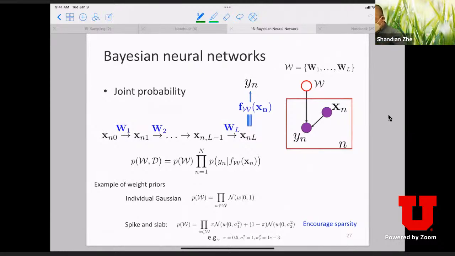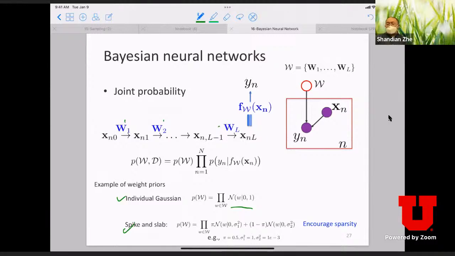So now, what are the commonly used priors for the weights? The most commonly used priors are just individual Gaussians. So assign a standard Gaussian prior over every element in those weight matrices. That's the most common choice. But sometimes you might want to shrink some weights. Then you can apply some sparse priors, like the spike and slab prior or the horseshoe prior.